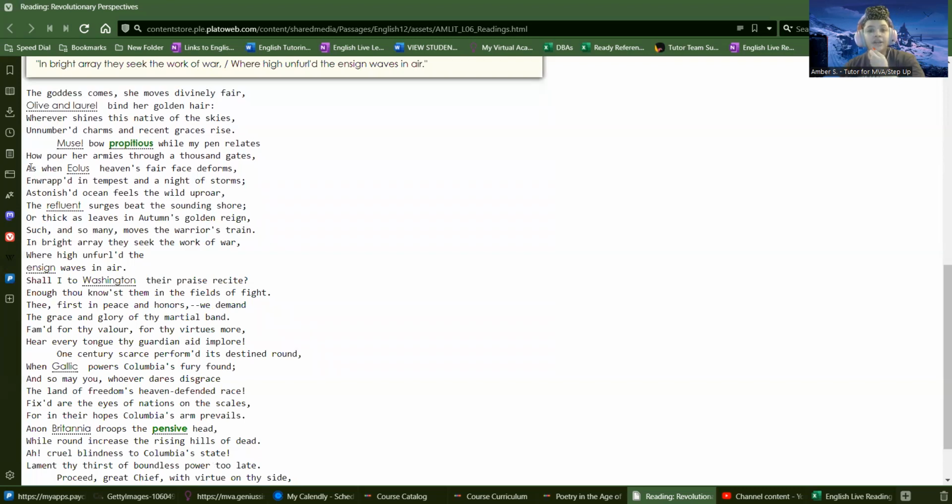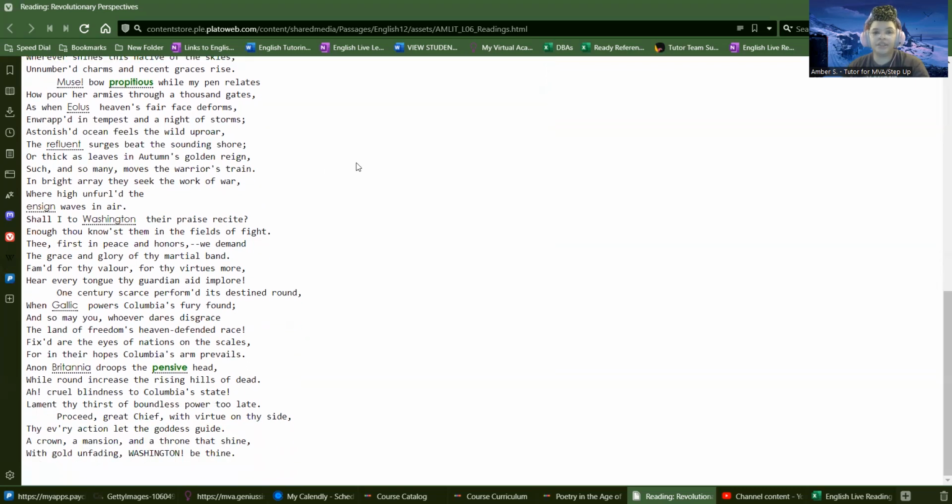So they were only crossing a river, but it was still a pretty big river. And the fact that they had to move across it to get to their enemies made her want to compare them to a night of storms pushing on the ocean and beating the shore.